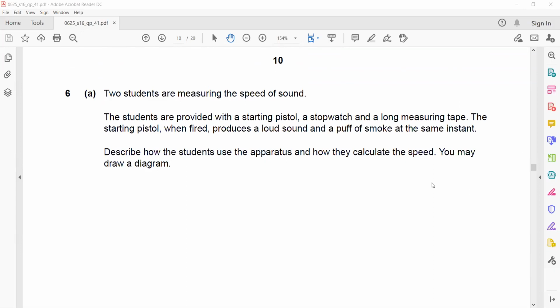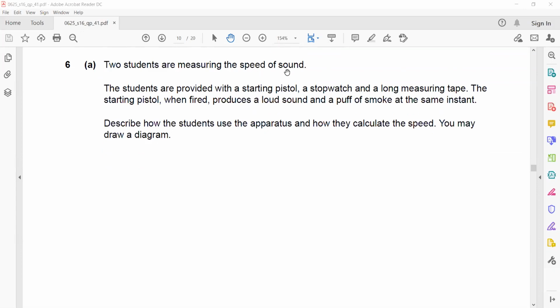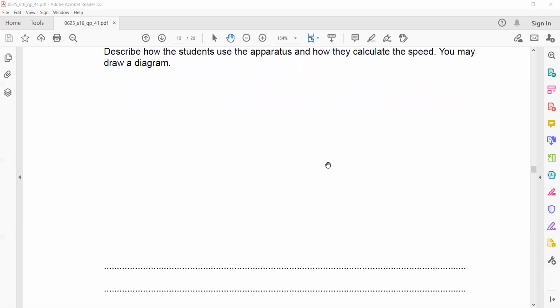At position A there's a starting pistol, and at position B another person is there with a stopwatch. The distance between them is measured by a measuring tape, because it is several meters. If it's less than 1 meter, we can use a meter rule.